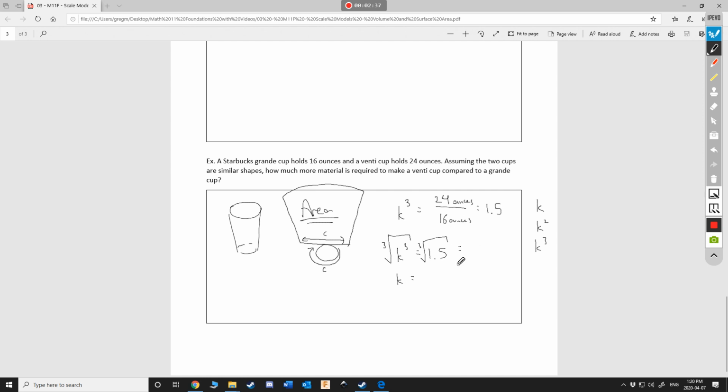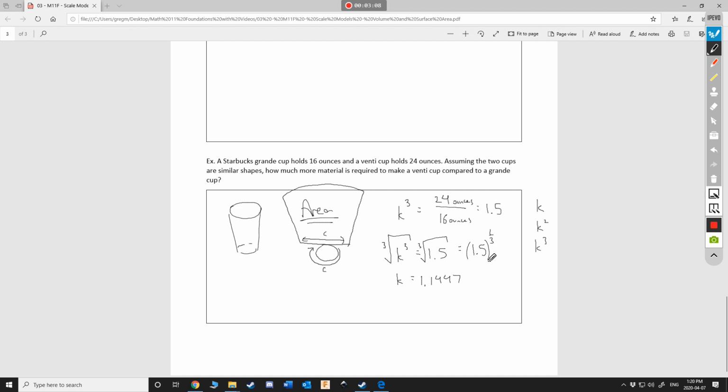If you don't know where your cube root is in your calculator, cube rooting is the same as raising to the power of a third. So 1.5 to the power of 1/3, and we get 1.1447, and the number keeps going. You can always confirm by cubing that number again to make sure you did it right. It still equals 1.5.